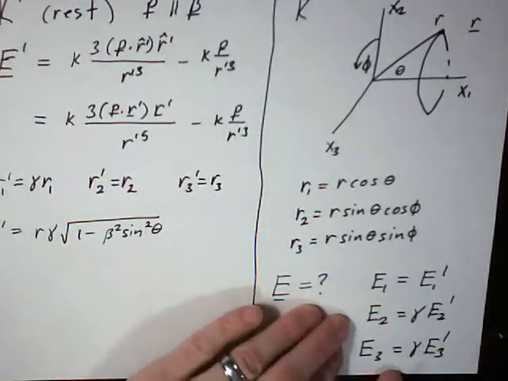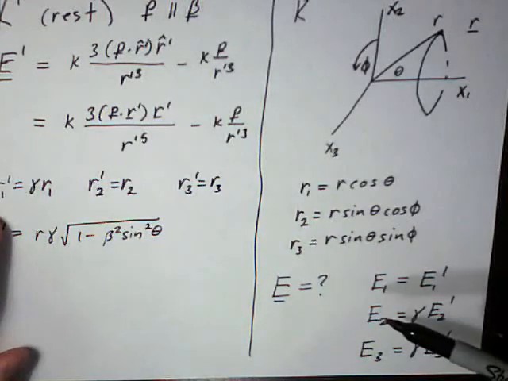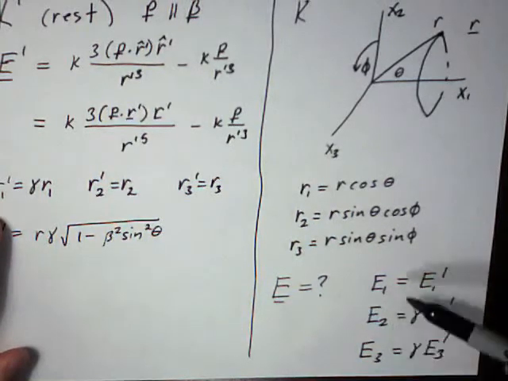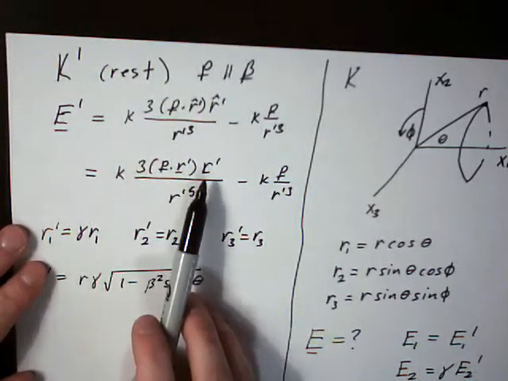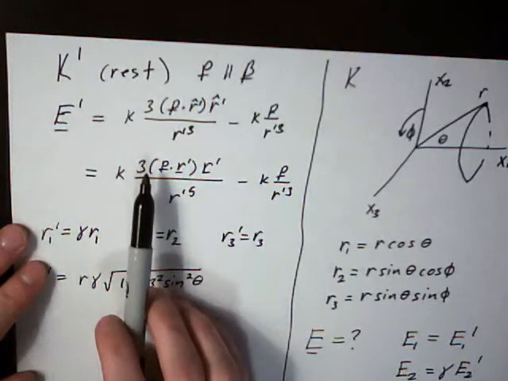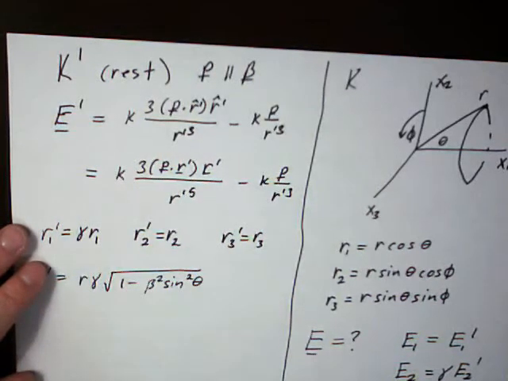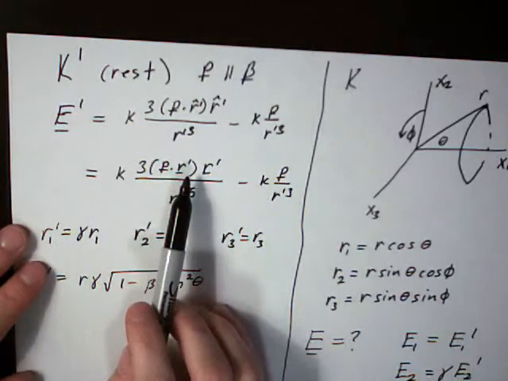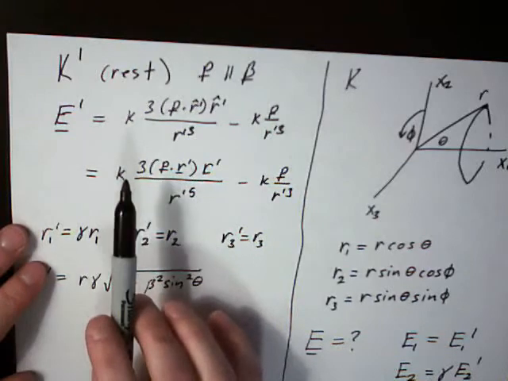And in almost a happy accident, you see that we get a factor of gamma in the 2 and 3 coordinates from the field transformation, and then up here, there's a factor of gamma in the first coordinate from the coordinate transformation. And so basically there end up being 2 gammas in every coordinate, and those can be factored out.